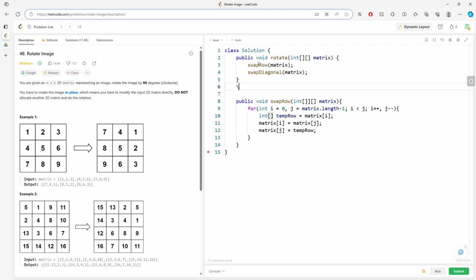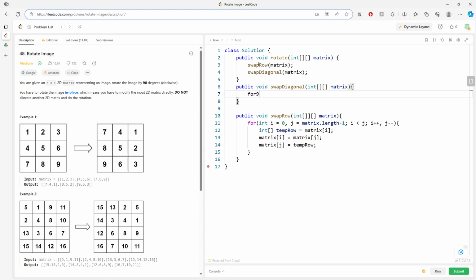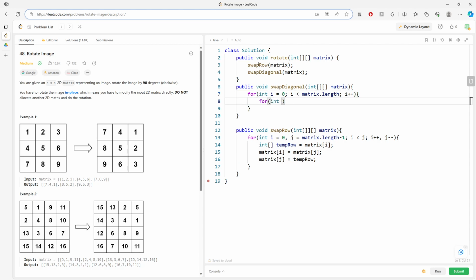And then I will have public void swap diagonal in matrix. So it will become a for loop, i equal to 0, starting with 0, i less than matrix.length, i plus plus. And for j will become starting with i.